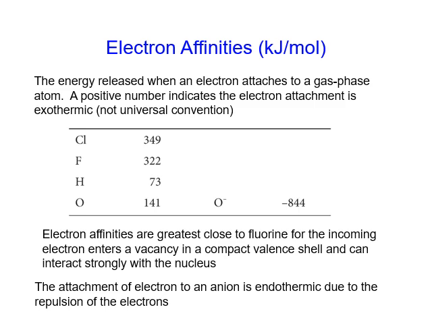So chlorine and fluorine have very positive electron affinity, meaning they have high ability to attach to electrons. Oxygen, on the other hand, has an electron affinity of 140, and the anion has negative 844, and this is due to the strong repulsion force of electrons on an anion.